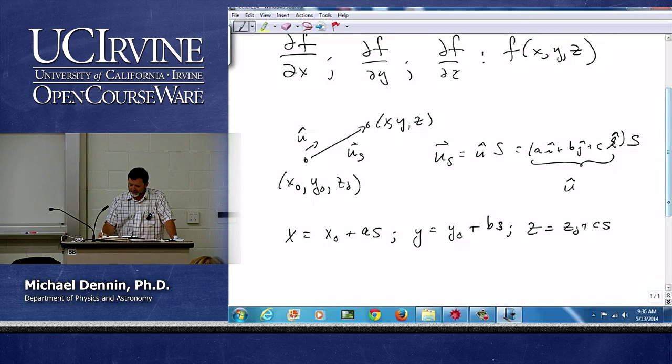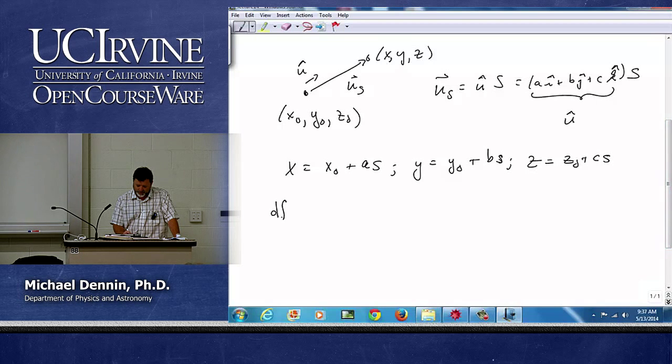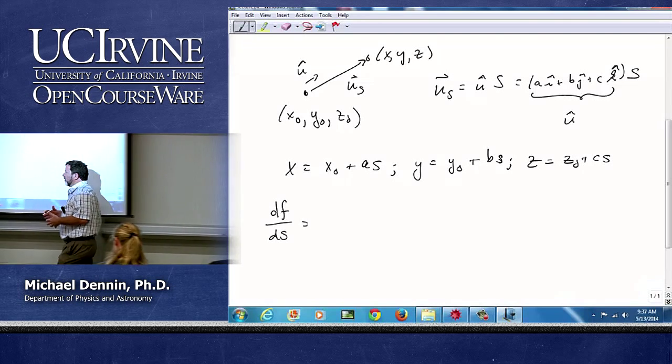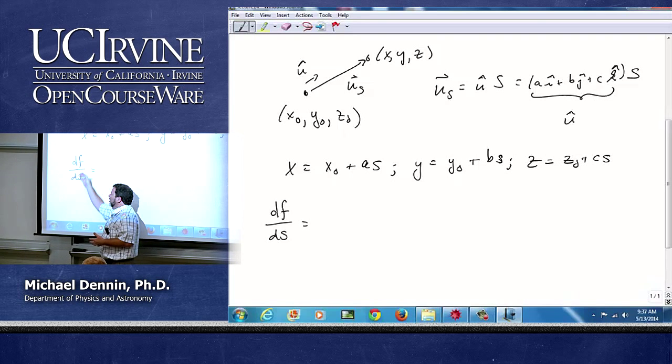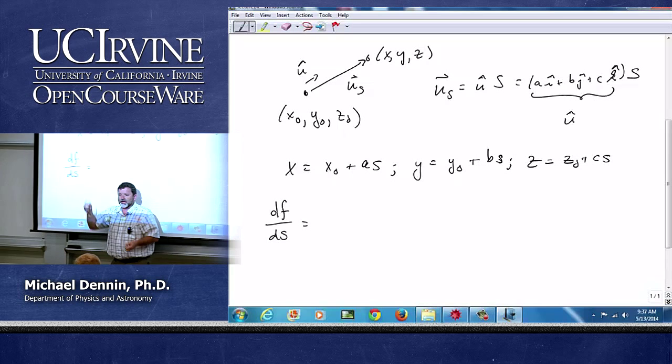And we're going to use our ideas of what we mean by a total change of f with respect to this magnitude s that we made, right? So we want to figure out, we're going to be taking a limit as s goes to 0, but how big is the change in f given this change in s in this direction that we're looking at?